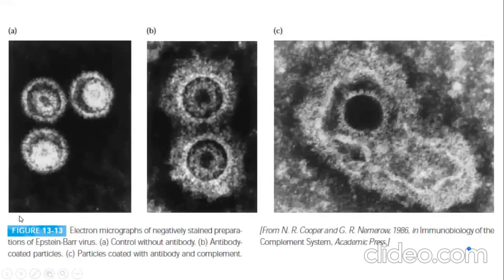So this is a diagram that shows Epstein-Barr virus. The virus is here in its native form, without any complement or antibodies attached. The structure looks like that. And this diagram shows the Epstein-Barr virus molecules recognized by, or attached by, antibodies here. You see the peripheral volume increases.